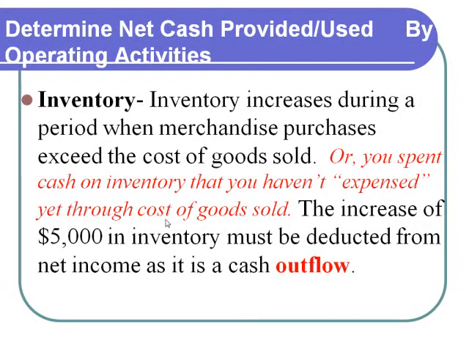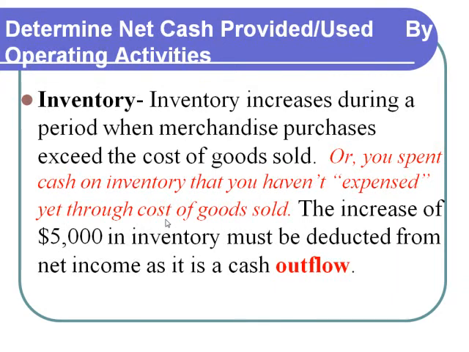Okay, let's look at inventory. And we're working on page 6 of your course pack. Inventory increased by 5,000. So I want you to imagine a journal entry. When you buy inventory, let's pretend you bought it for cash. You would debit inventory and credit cash. So as far as the cash flow report is concerned, you spent that money and it has to be accounted for.